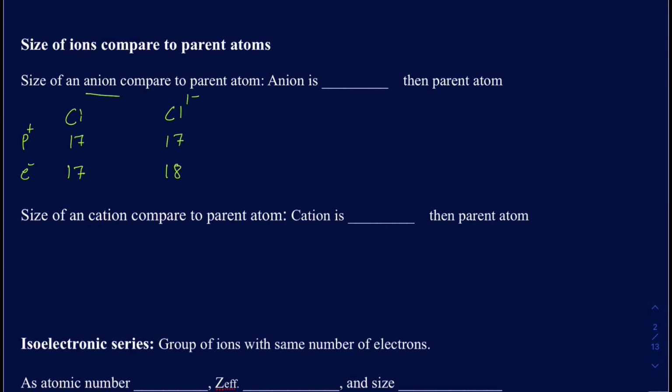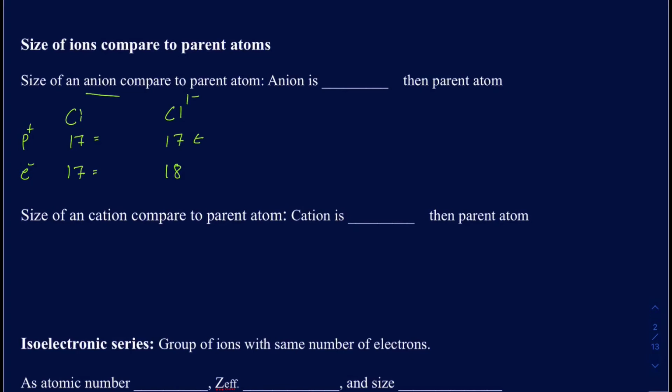So think of this. In chlorine, we have 17 protons working on 17 electrons overall that are outside the nucleus. However, in chloride, you have 17 protons inside the nucleus working to attract those 18 electrons that are outside the nucleus. So it's like saying you have 17 people taking care of 17 people in case of chlorine, but then in case of chloride, you got 17 people inside the ring taking care of 18 people that's outside the ring.